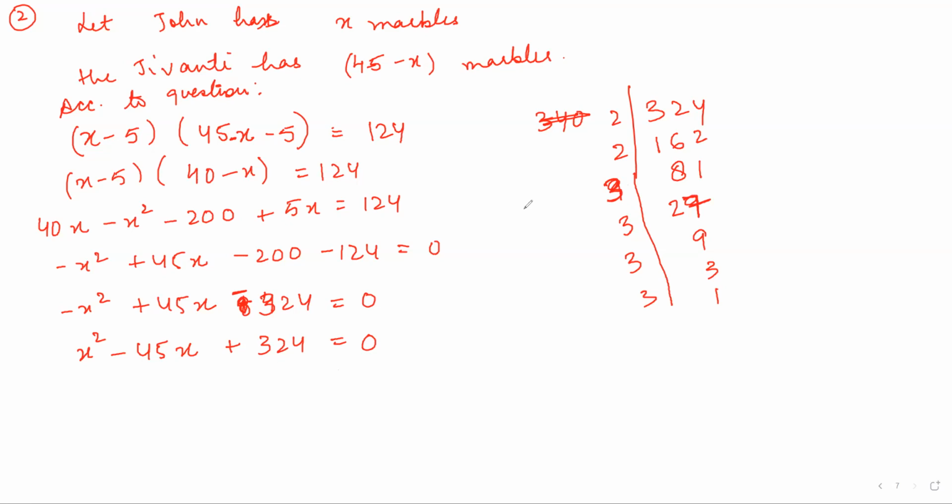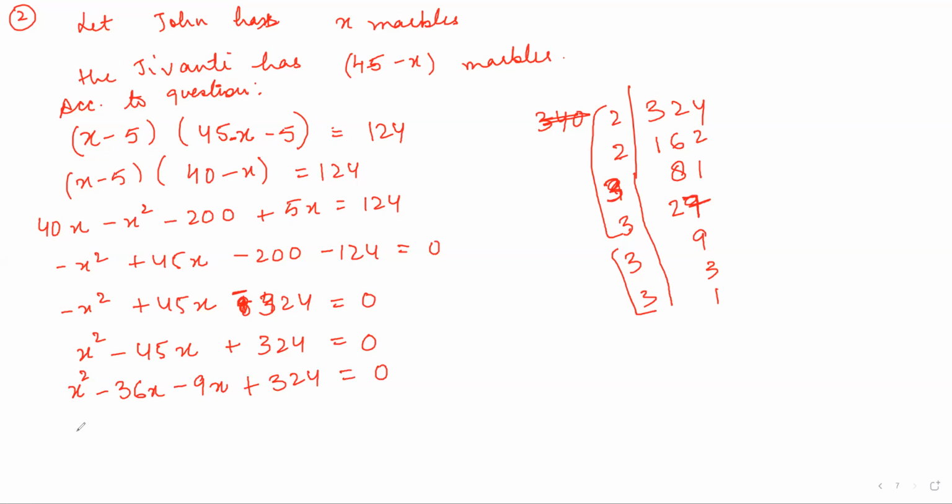So for minus 45, if I take 2 into 2, 4, 4 into 3, 12, 12 into 3, 36. 36 and 9, right? 36 plus 9 is 45, right, Rita? So I can take this combination, 36 and 9. So I'll write it: x square minus 36x minus 9x plus 324, because 45x, so I'll take both minus.